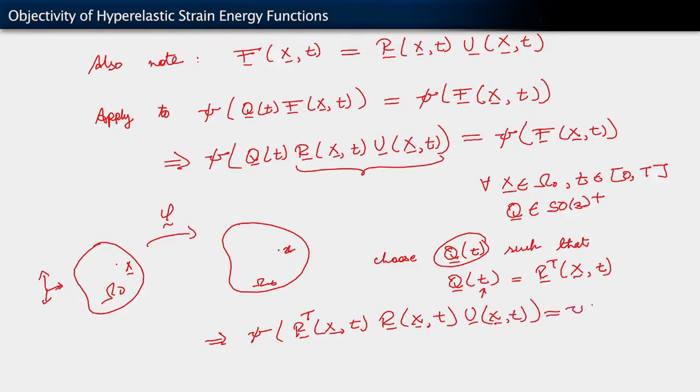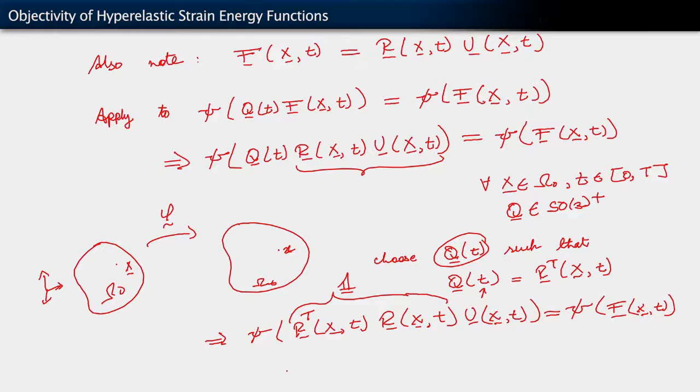Now this of course gives me the isotropic tensor, because R is an orthogonal tensor.